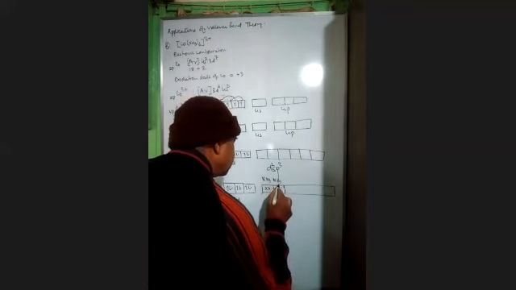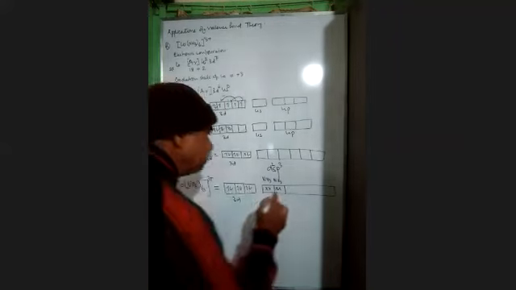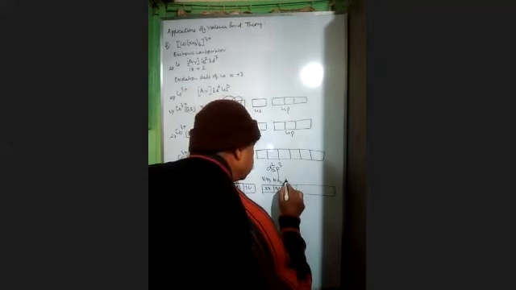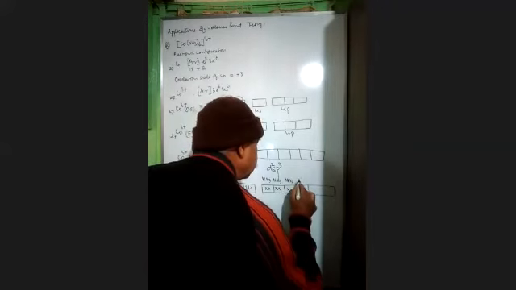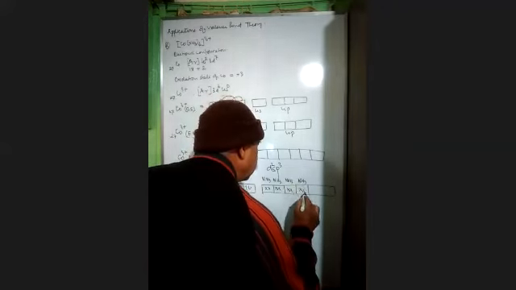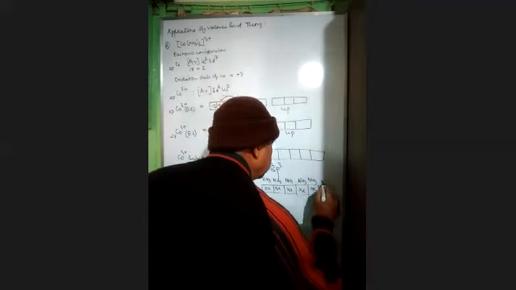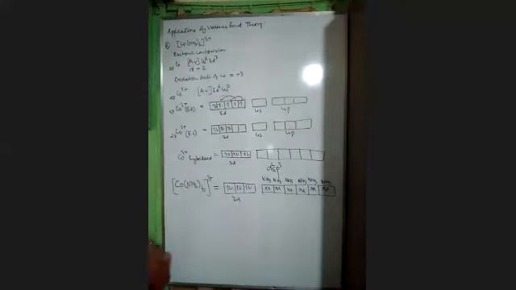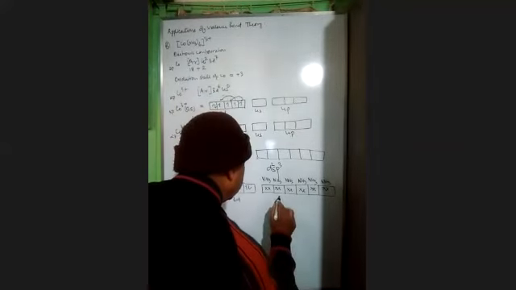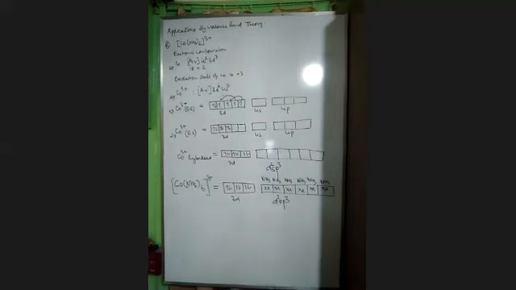I have put a star just to indicate that these electrons and these electrons are not the same. I'll write d2sp3 here.